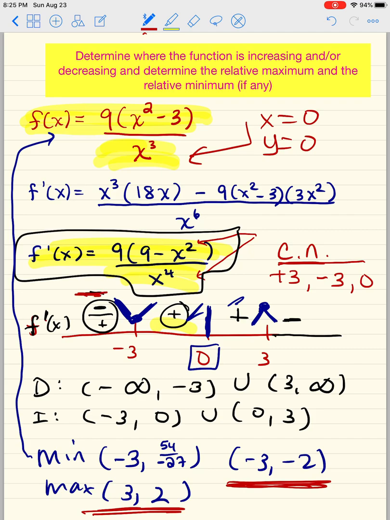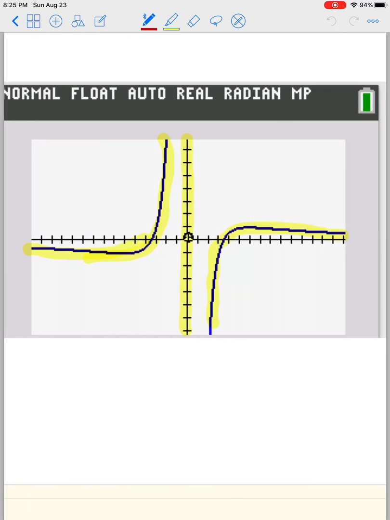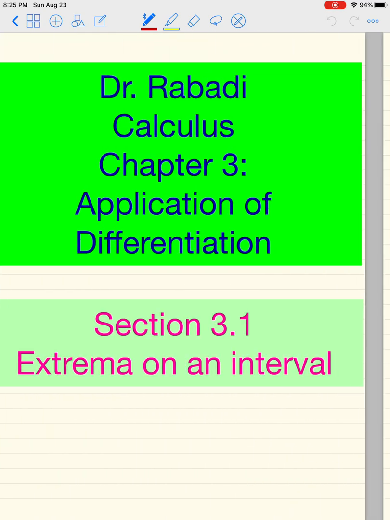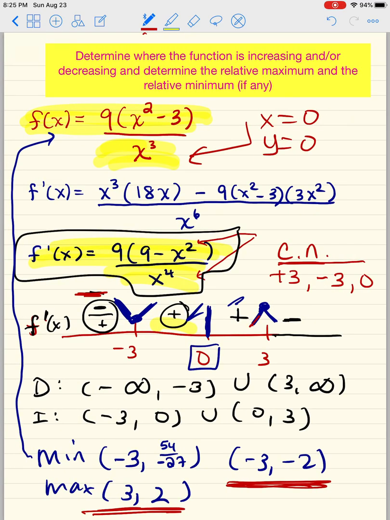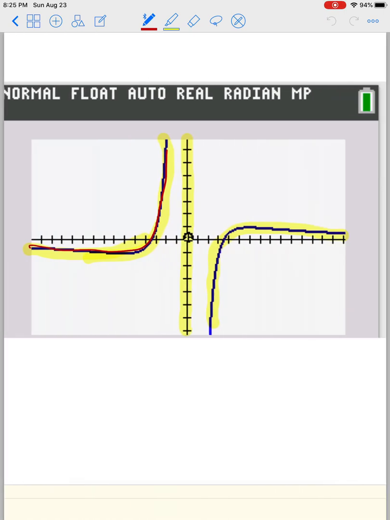And just to confirm, it's decreasing and then increasing. So let's take a look, okay? So it's coming down and then going up, okay? And then, once again, it goes up and then down, and so up and then down. So what we did confirms.